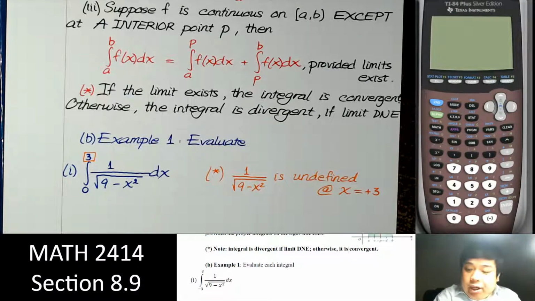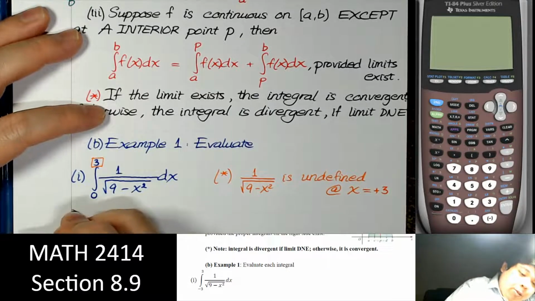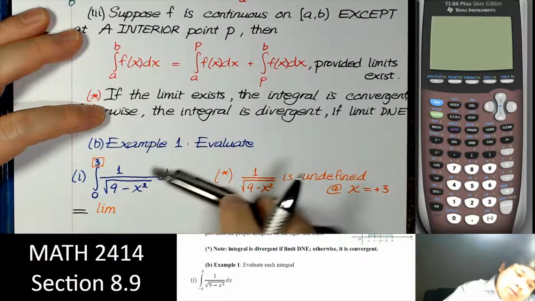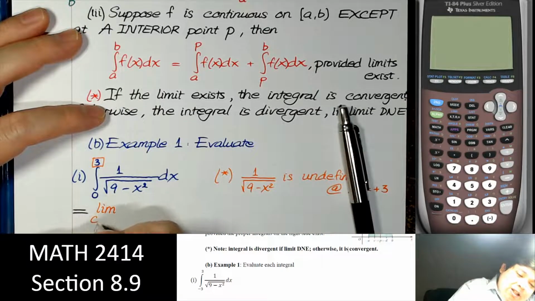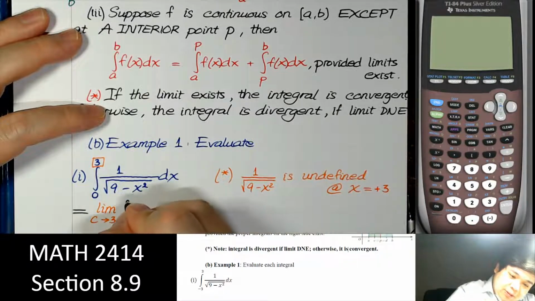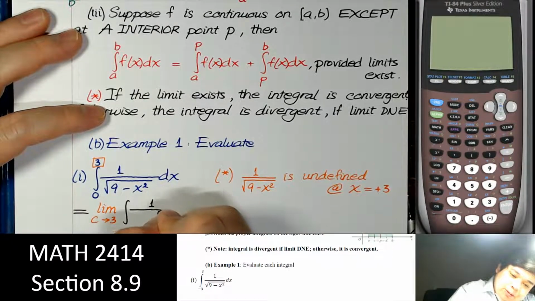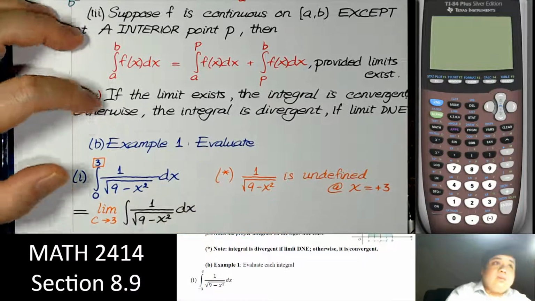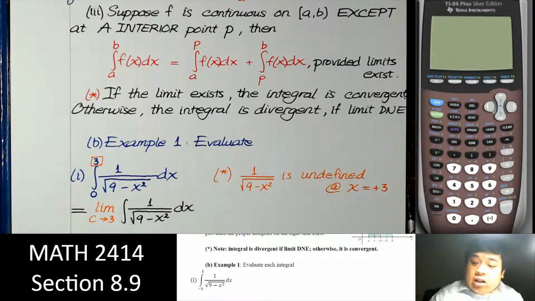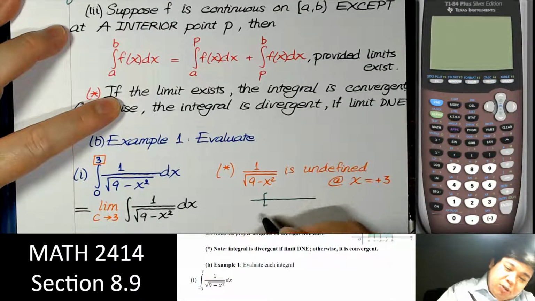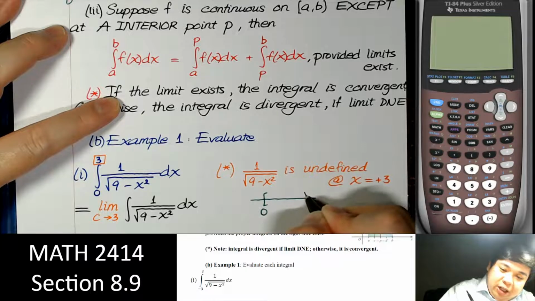So if that's the problem at 3, what do we do? Of course, we'll replace that with the limit. Let's use c equal to 3. Not only that, we go from 0, which is perfectly okay at 0. At 3, there's a problem.